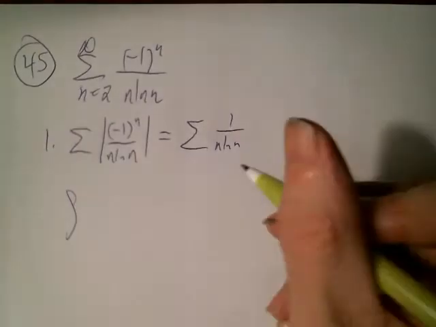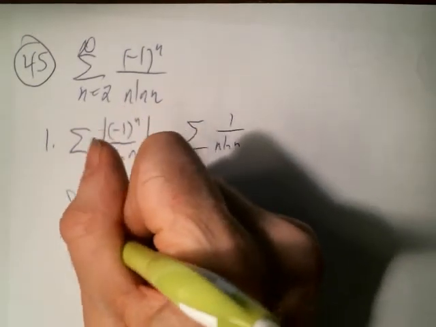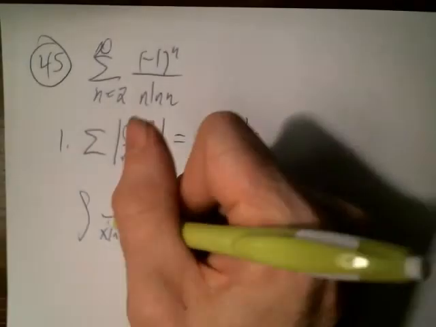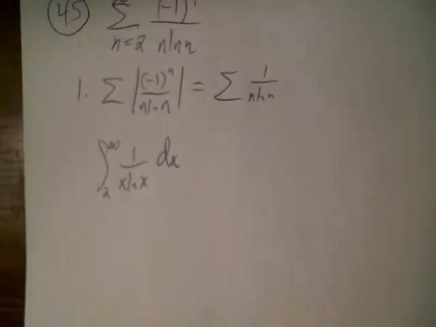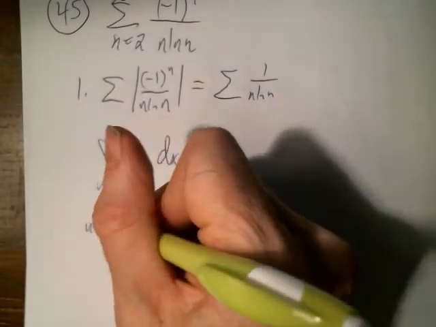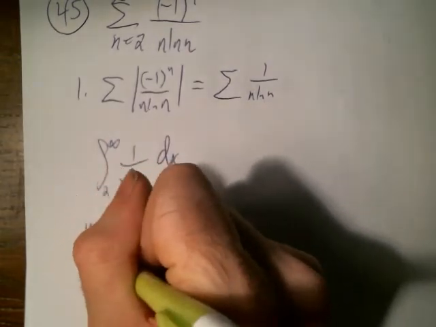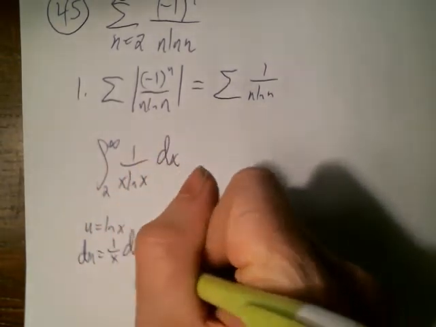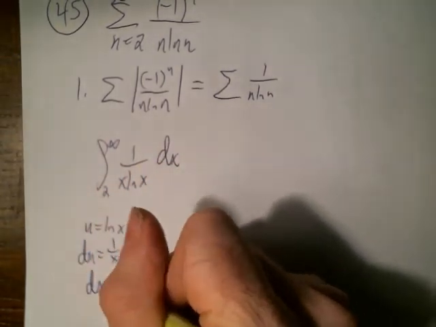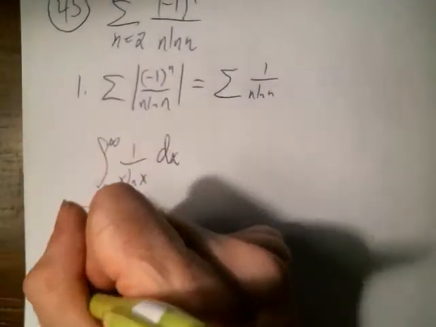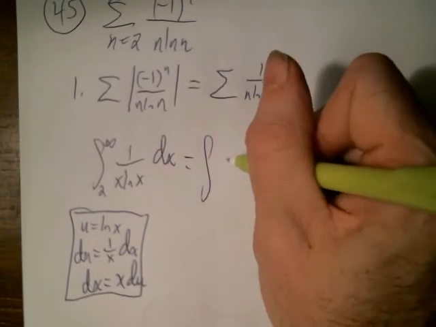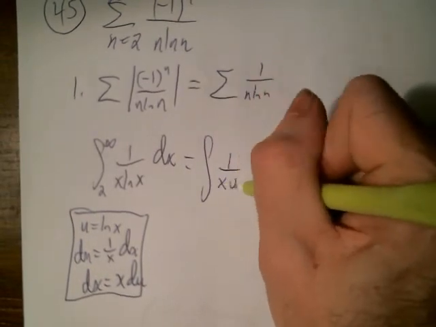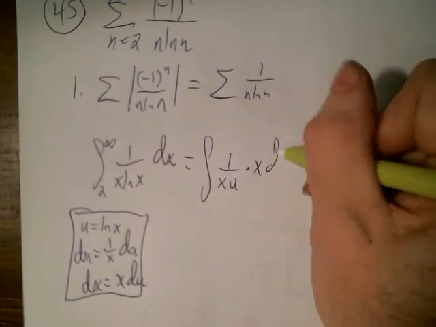So you've got the integral of 1 all over x ln x dx from 2 to infinity. And you do a u sub for ln x. du is 1 over x dx, so therefore dx is x du. So this critter will become the integral of 1 all over x times u times x du.